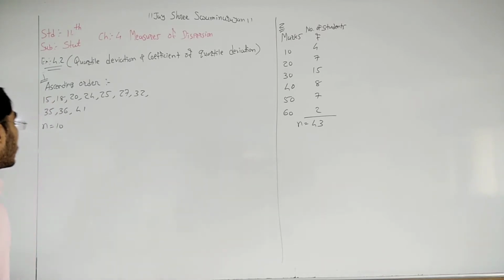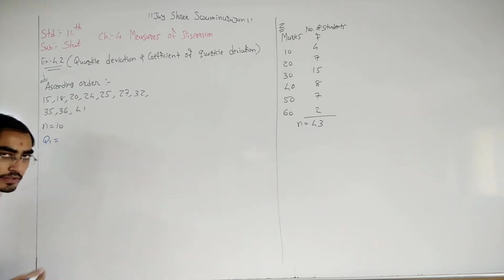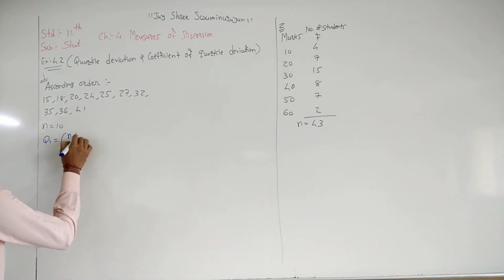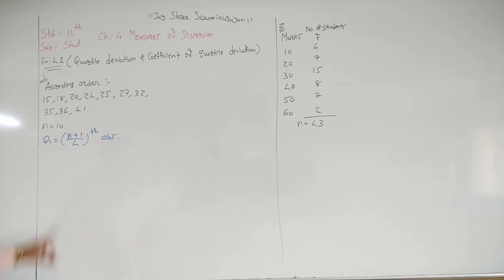So first of all, Q1. Now what is the formula of Q1? N plus 1 by 4th observation. Here it is a quartile, and quartile divides the data into 4 parts, so divided by 4, and for first quartile here 1.